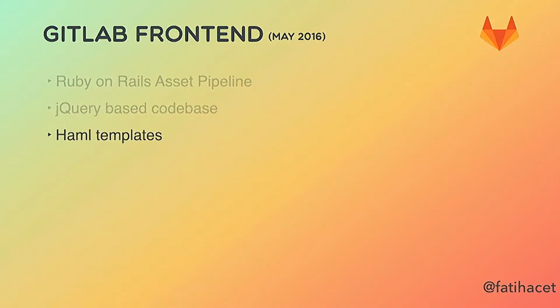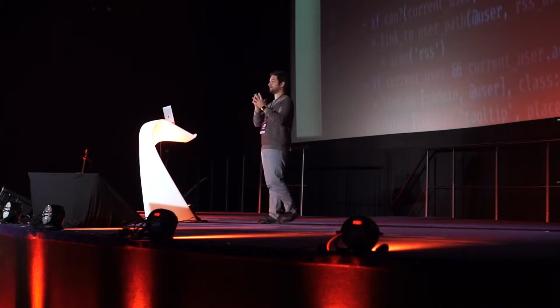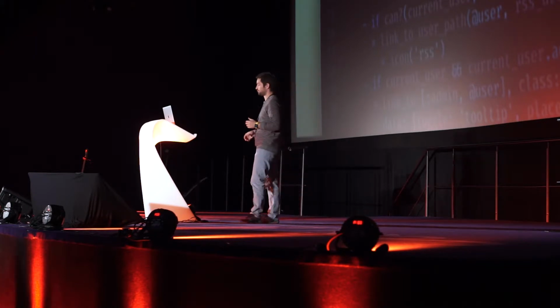And then we were also using Haml templates, and it looked something like this. All the backend logic and all the front-end logic was included in these HAML templates, and the HAML template is rendered on the server, and the server delivers the rendered HTML to the client, to the browser.